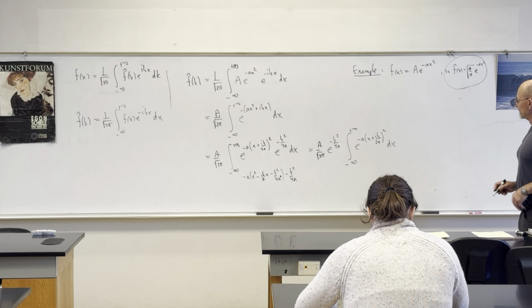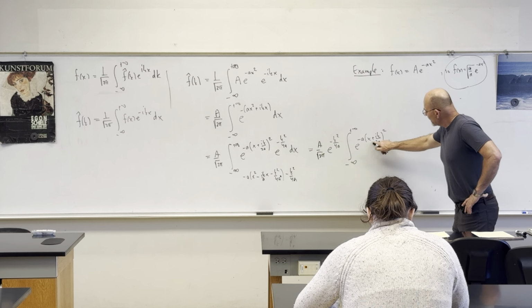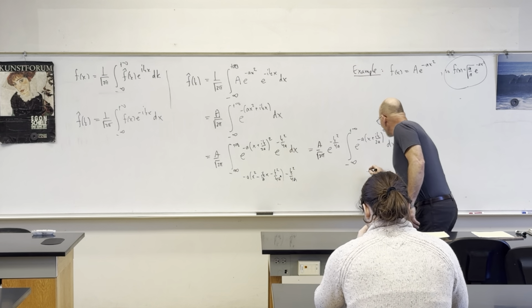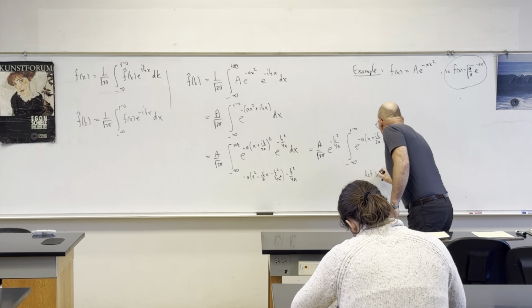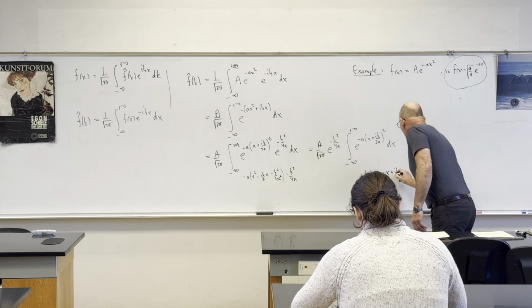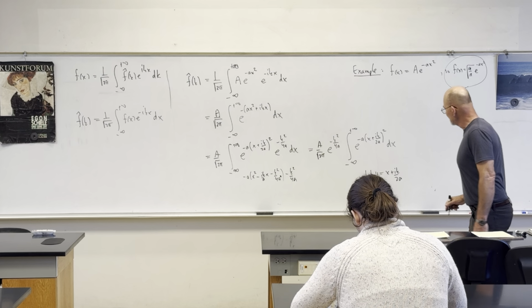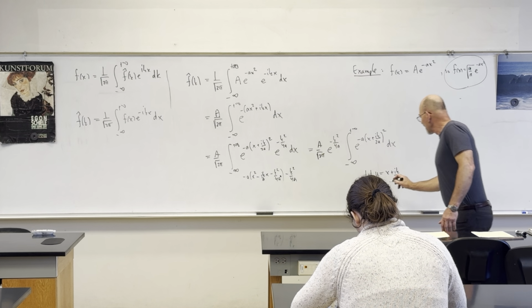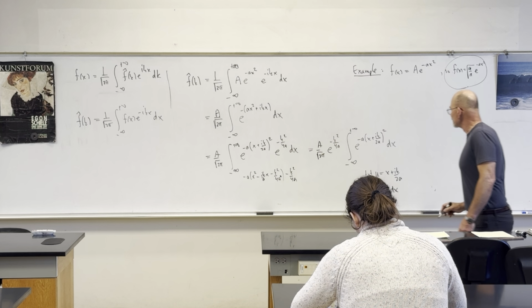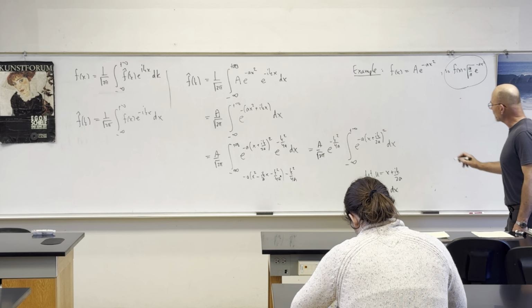Now, this is a complex argument here. Okay. Now, formally, I can let u equal x plus ik over 2a. This is just a constant, and my du is going to be equal to dx. So I'm going to do that.